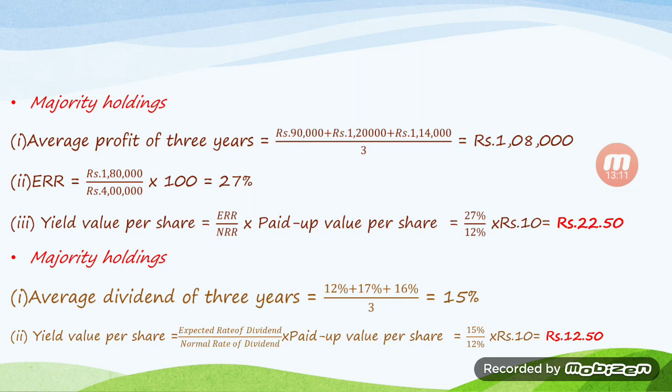Expected rate of dividend is 15 percent, what we found in step 1, and normal rate of dividend is given in the question, that is 12 percent. And the same must be multiplied with the paid up value per share rupees 10, it will become 12.50 rupees. This is how the value per share under the yield method is to be computed.